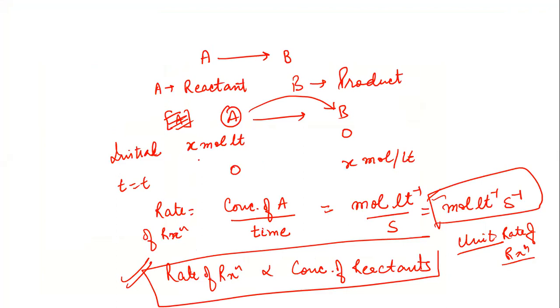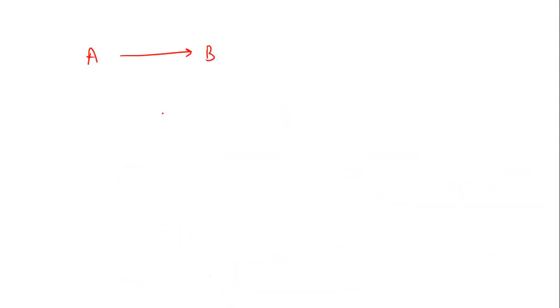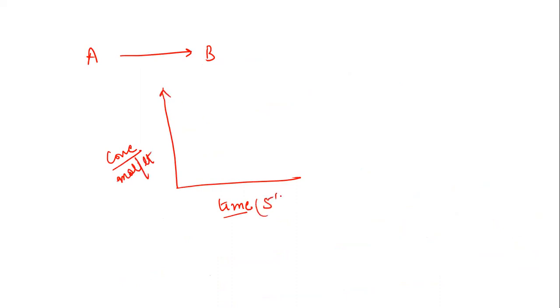Suppose a reaction is there, A is converting into B. Suppose there are X mole per liter of A, and B is 0. Now, if I draw, this is concentration and this is time. Concentration is in mole per liter and time is in seconds.